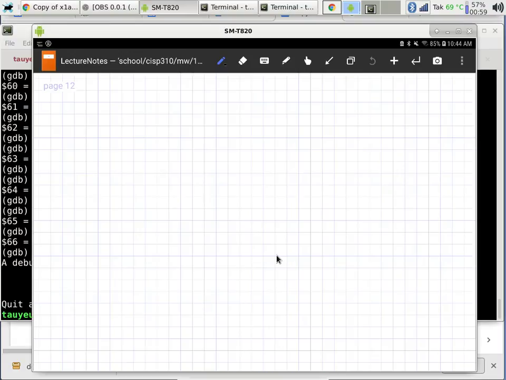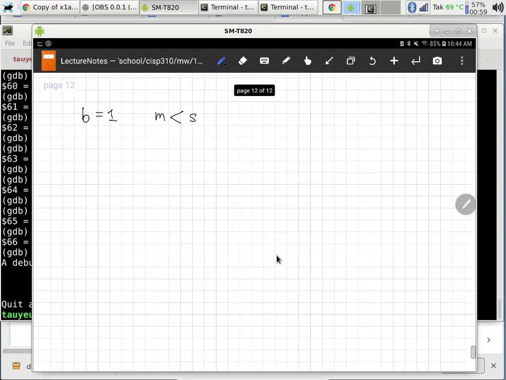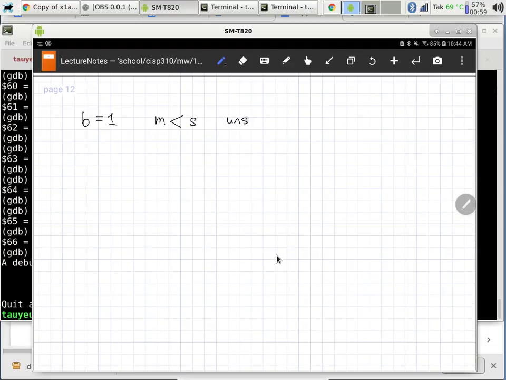There we go. Okay, so the borrow flag equals 1 kind of implies the minuend is less than the subtrahend. But you have to remember this is using the unsigned interpretation of the bits. Okay, so there are quite a few scenarios where we can set that up. The sign being cleared can mean one of two things.